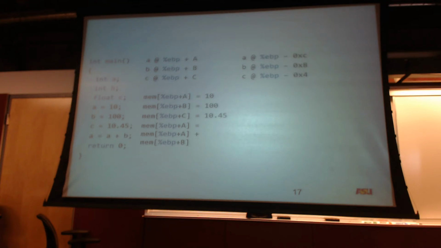Once and twice, right? So we keep this space for B. Then we do EBP minus 4, which means just once. That's C. Then what is the next step? We move ESP to EBP. Now initially what was ESP?